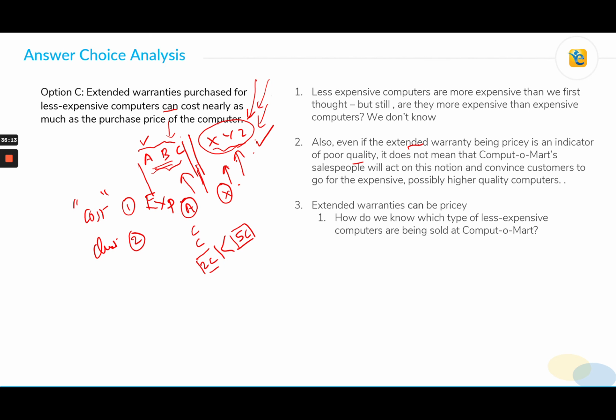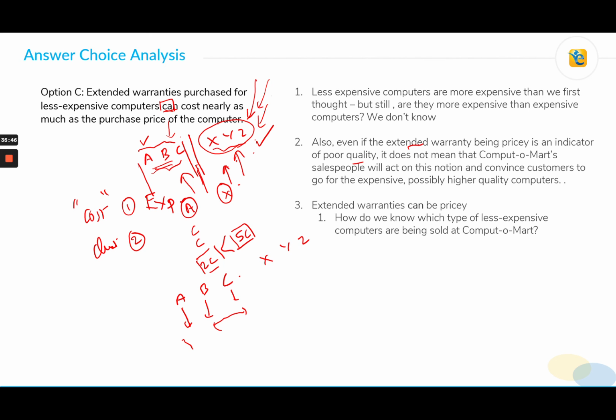There is another reason to reject option C, and this is related to the word can. All I know is that extended warranties for less expensive computers can cost nearly as much. It's not necessary that in all cases they do. For all you know, out of A, B and C, in the case of A it definitely costs a lot more, but in the case of B and C it does not cost that much. Now here's the problem. As far as Comput-o-mart is concerned, you don't really know which models are being sold there.